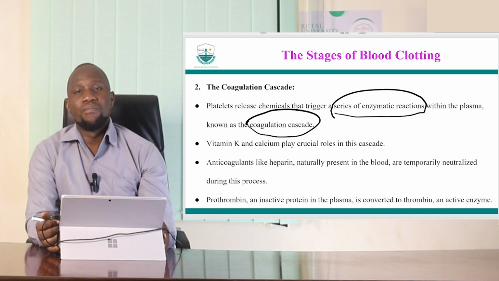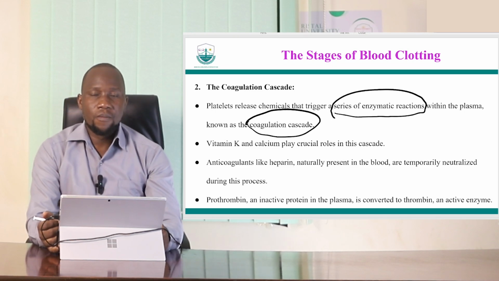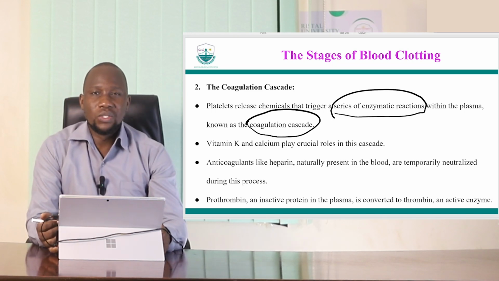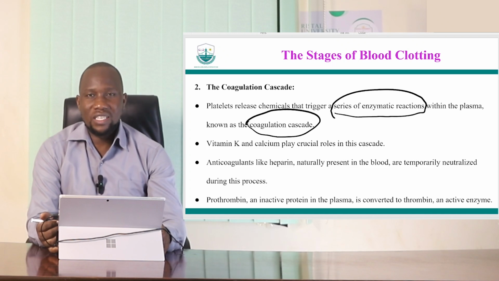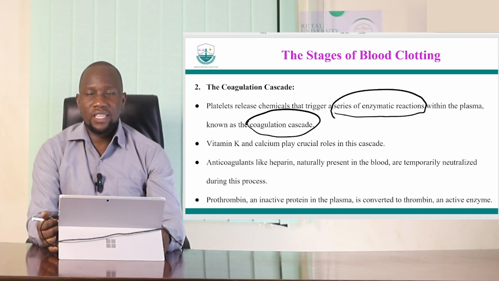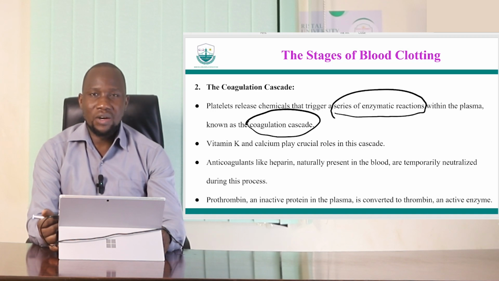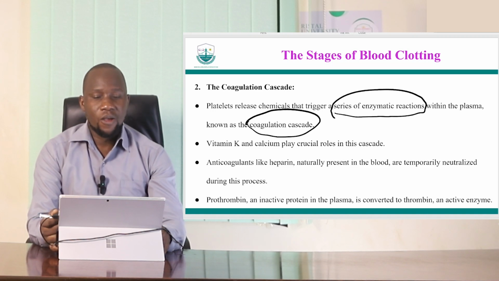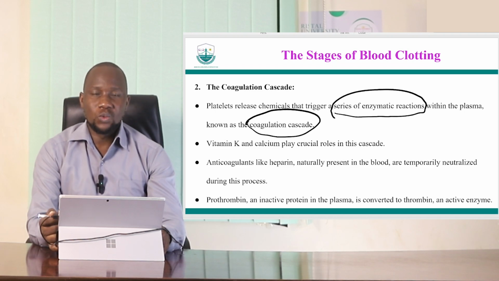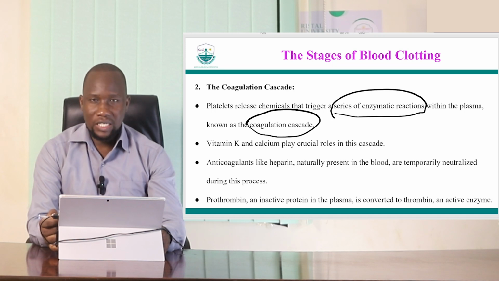Naturally, our blood has anticoagulants. Anticoagulants are those chemicals that prevent coagulation from taking place. We say that coagulation should not just take place because if it just happens, we have problems. We want it to happen at the right time, at the right place. Okay? So, naturally, we have heparin as one of those substances that will prevent coagulation.